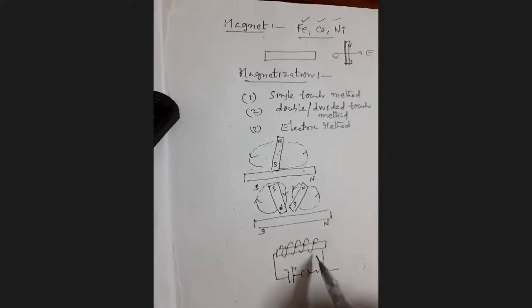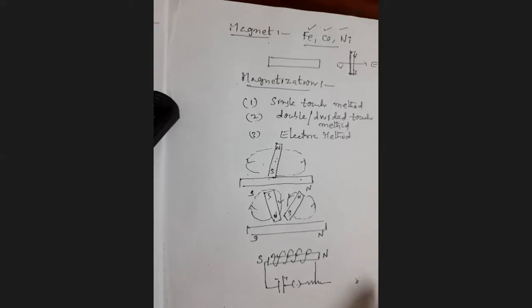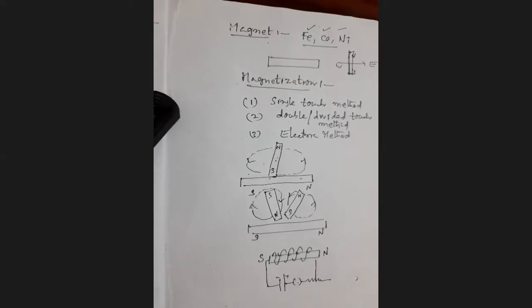By sending DC current through this wire, which is wound around the magnetic bar, the magnetic material after some time is converted into a magnet. Here we get the north pole at one end and the south pole at the other. So this is called the electrical method. There are three methods: the single touch method, the divided touch or double touch method, and the electrical method.